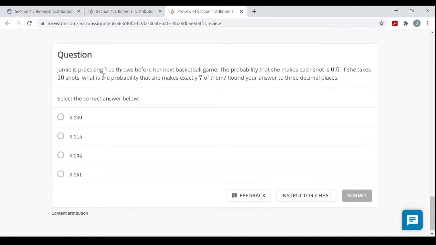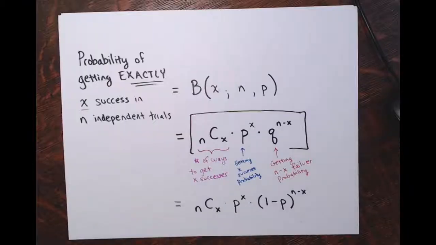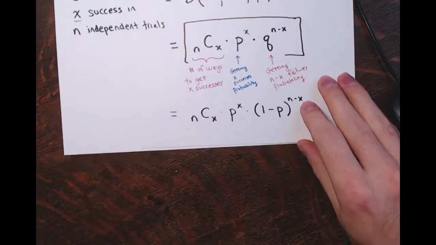So if she takes 10 shots, so that's 10 trials, what is the probability that she makes exactly 7 of them? And it says round your answer to 3 decimal places. All right, so back on some paper here. And I'll also show you how to do this on your calculators.